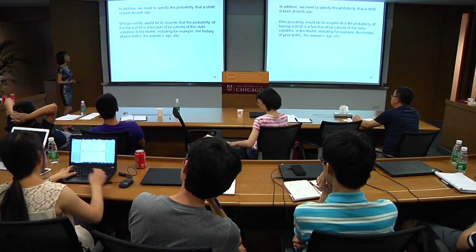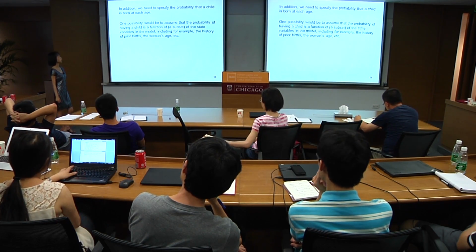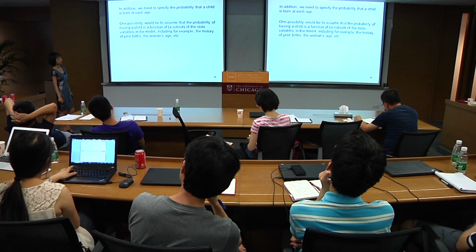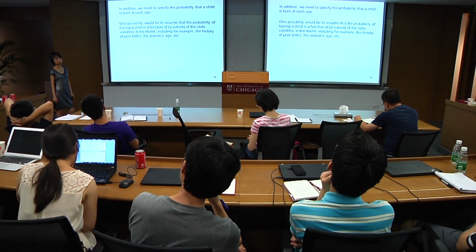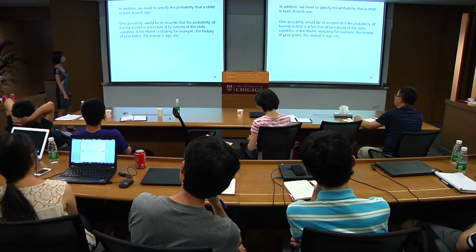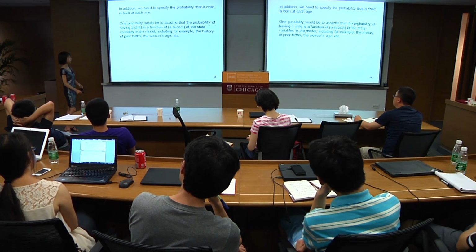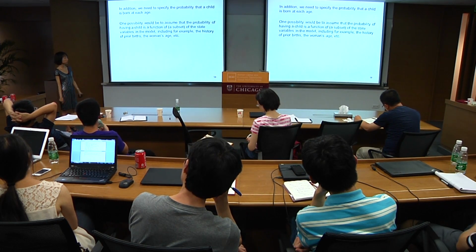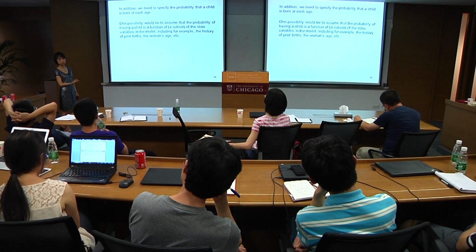Well, one possibility would be to assume that the probability of having a child is a function of your state variables in the model, including, for example, the history of prior births, the woman's age, etc. That's one possibility.